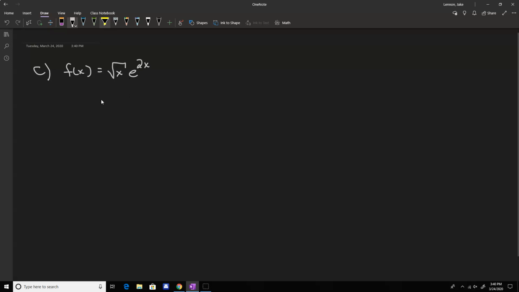Again, it may be helpful for you to, so we're going to write u, and rather than write the square root of x, let's just write this as x to the 1/2 power. Remember, the square root as an exponent is just 1/2. So this is x to the 1/2. V is going to be e to the 2x.